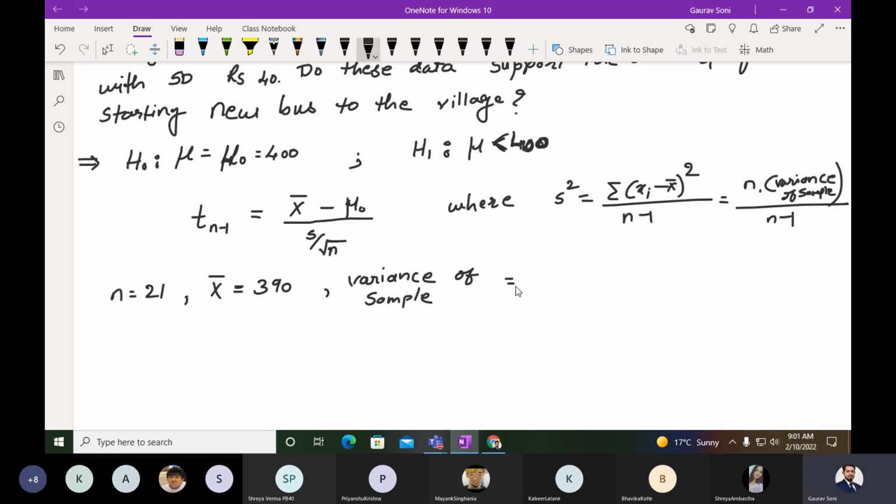Variance of sample is 40 square, which is 1600.